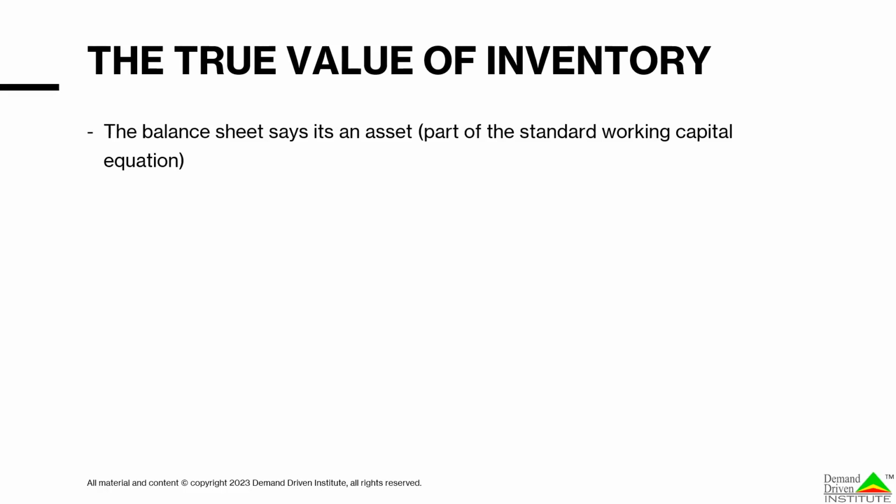All right. And we're also really reluctant to do something called writing it off, right? All right. So the balance sheet says it's an asset. Lots of gurus have said it's a liability. They're both right, but for the wrong reasons. Okay.